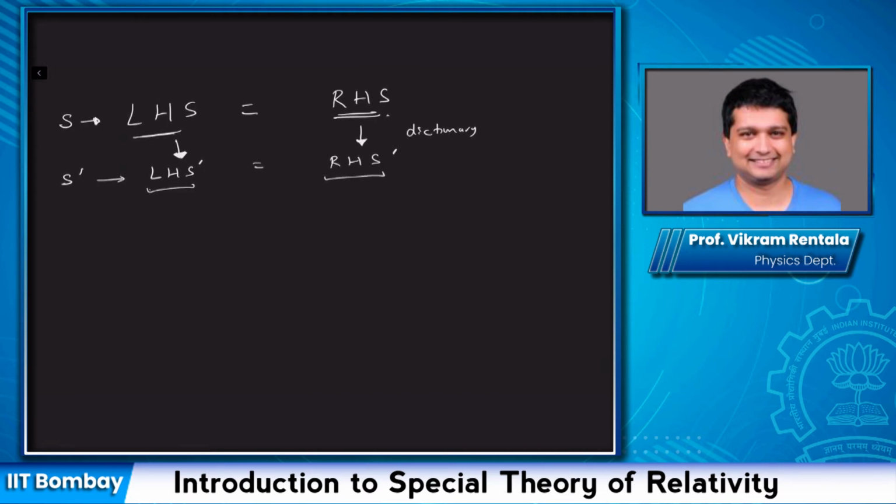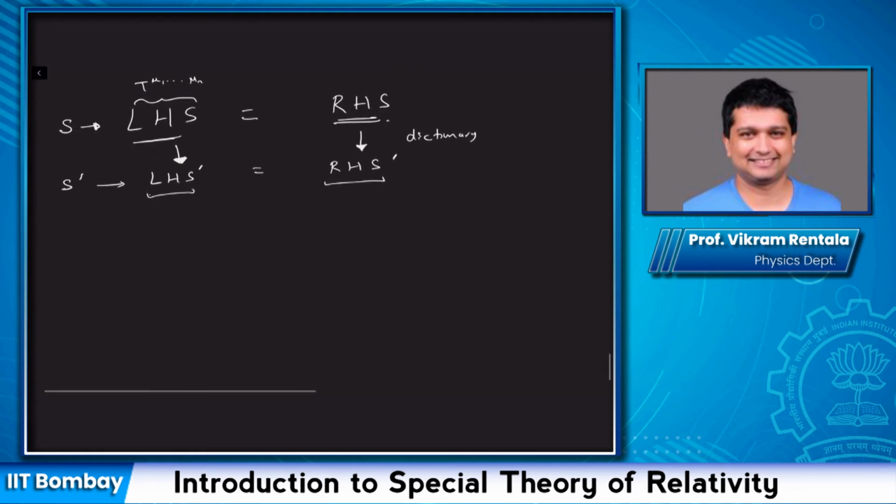Since we've seen that the most general way to describe dictionary objects that transform under special relativity transformations is to use tensors, if the left-hand side of a particular equation is described by a particular tensor quantity, let's assume that this is a rank n tensor, and the right-hand side is a different rank n tensor.